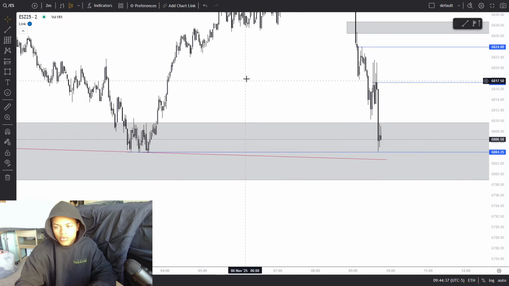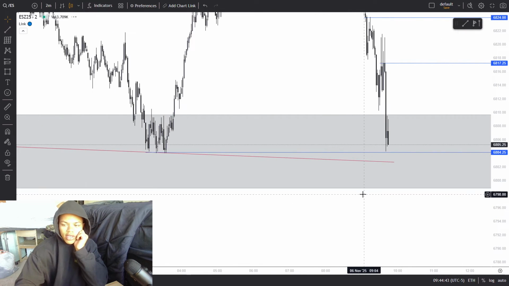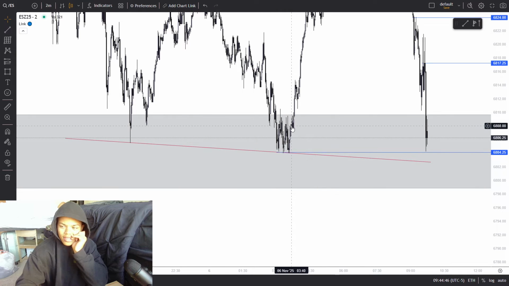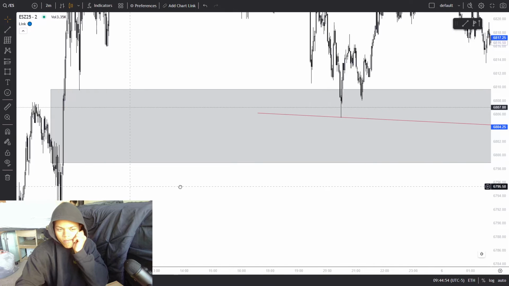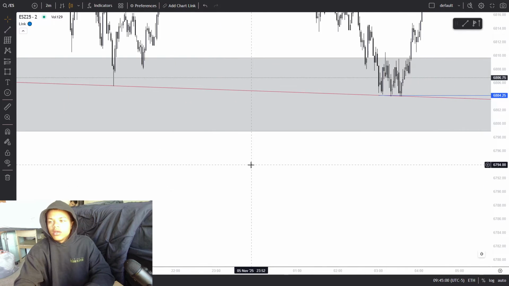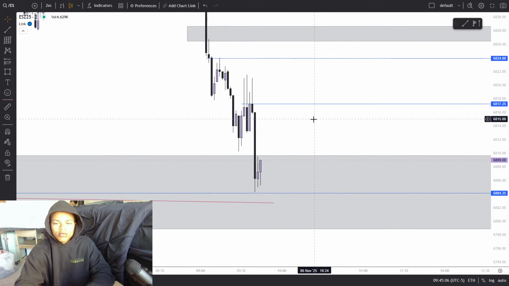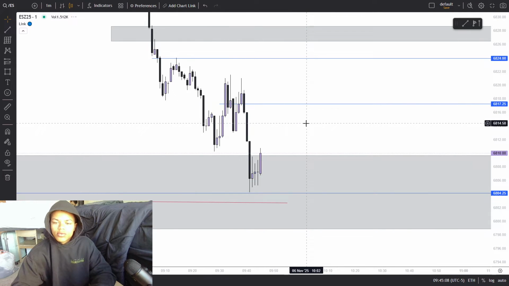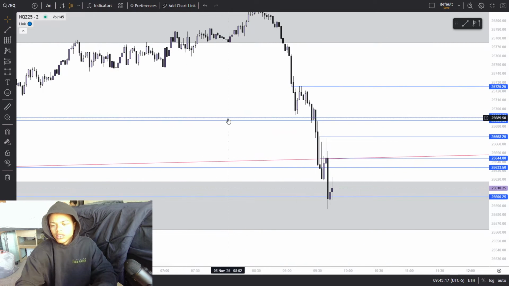I would want us to really test this SMT, continue lower, test this SMT divergence, and take out this sell side. I like that push that we just got higher.